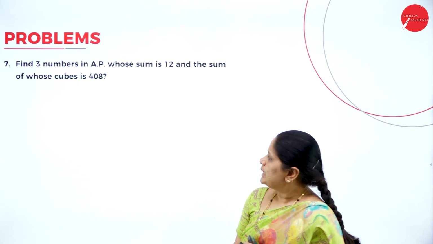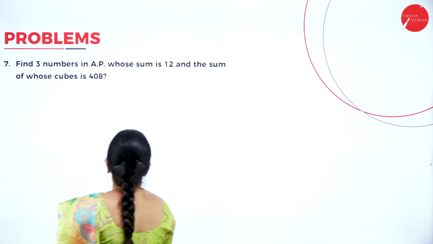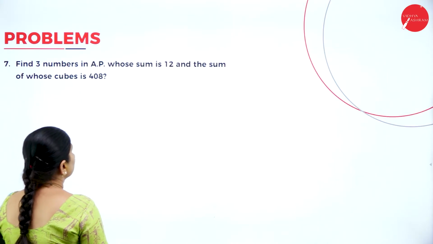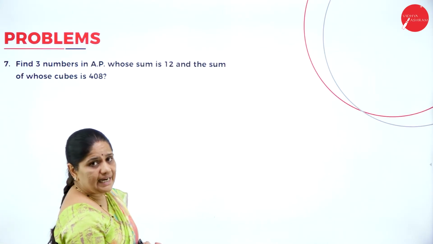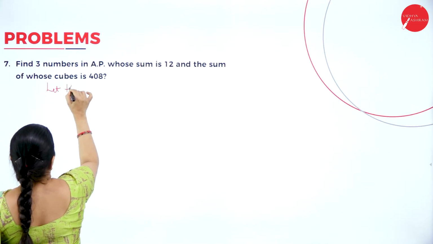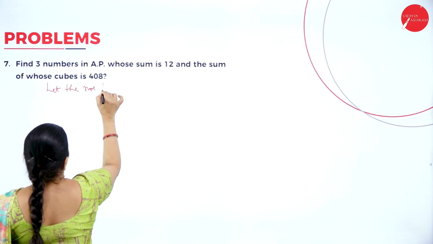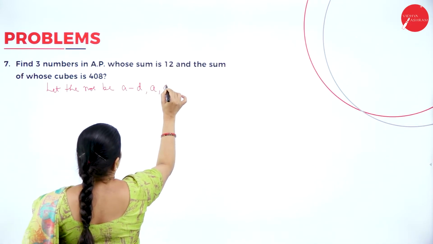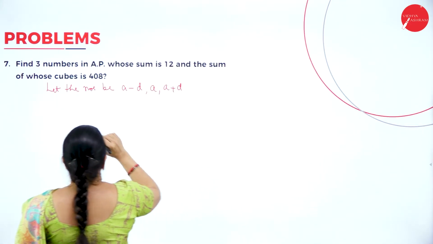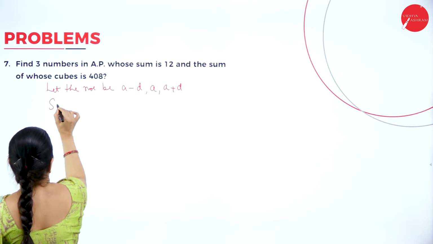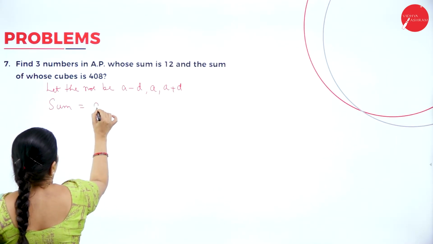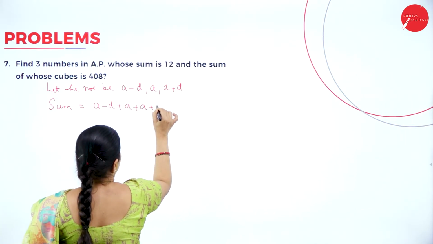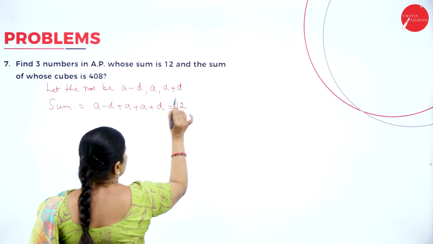Okay, the next problem. Find 3 numbers in AP whose sum is 12 and the sum of whose cubes is 408. So let the numbers be a minus d, a, a plus d. The sum equals a minus d plus a plus a plus d equals 12.